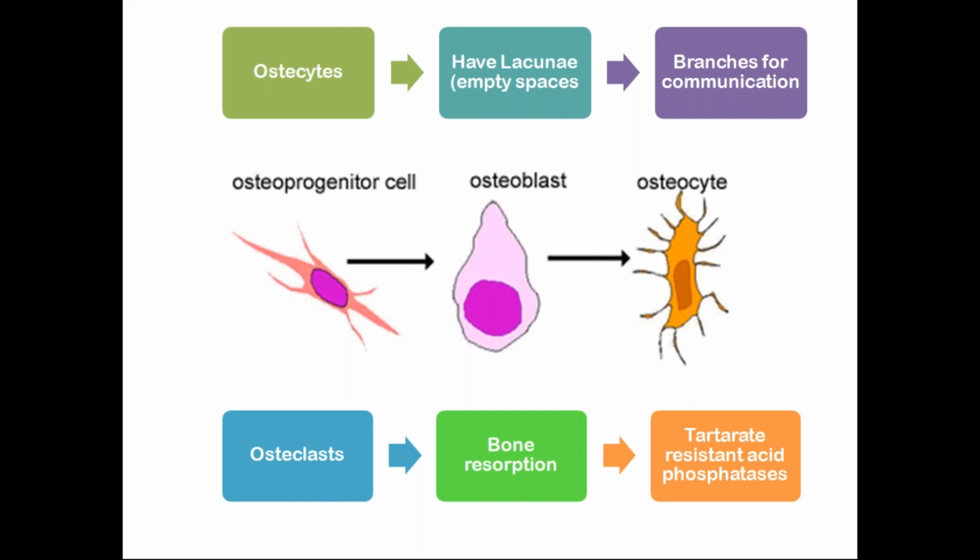As I told you, these are old people, they want to talk, they will communicate. So these branches will communicate with each other. This osteocyte will communicate with other osteocytes. And what is the result of this communication?